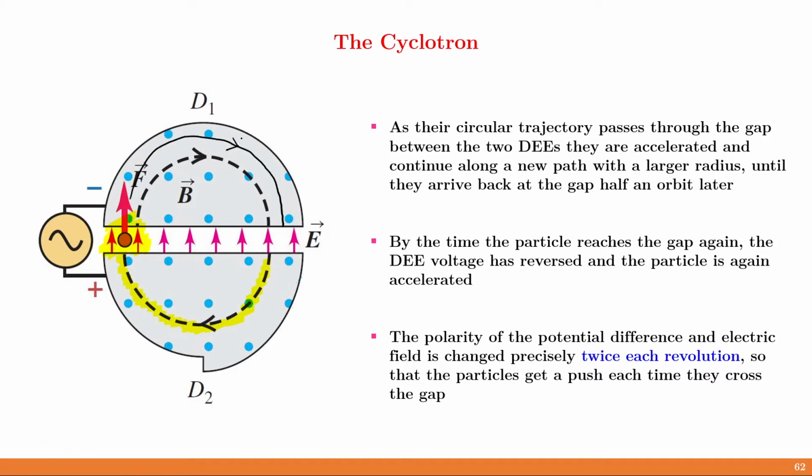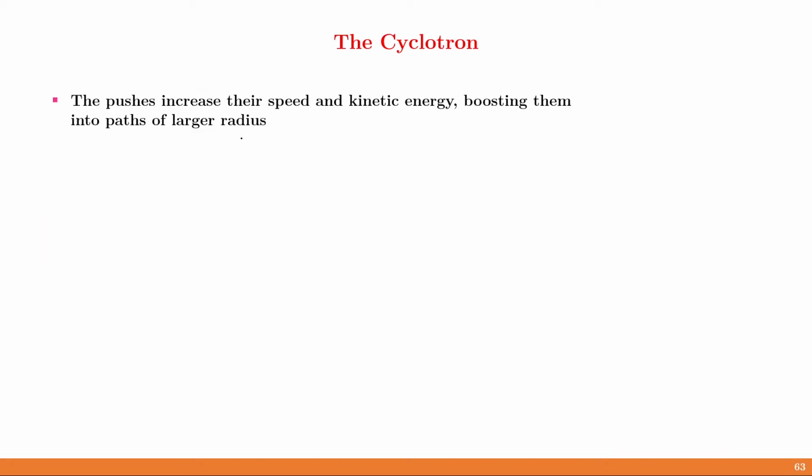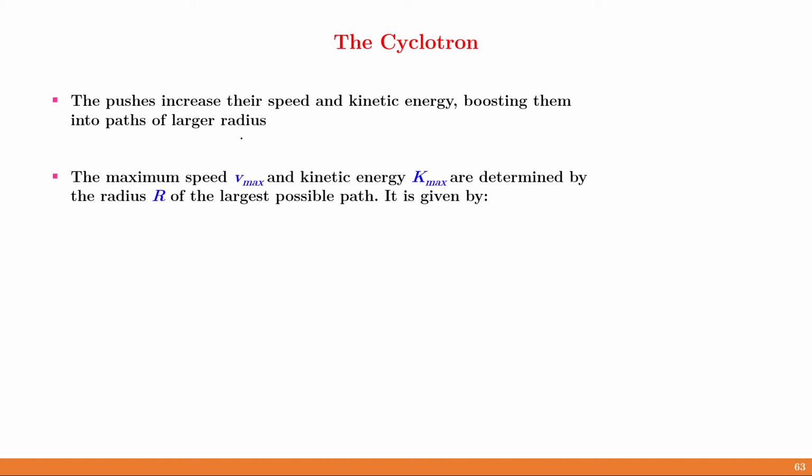As the particle enters D1 from the gap, its circular trajectory takes a new radius different from the previous one. The pushes in the gap increase their speed and kinetic energy, boosting them into paths of larger radius. The maximum speed Vmax and kinetic energy Kmax are determined by the radius R of the largest possible path.